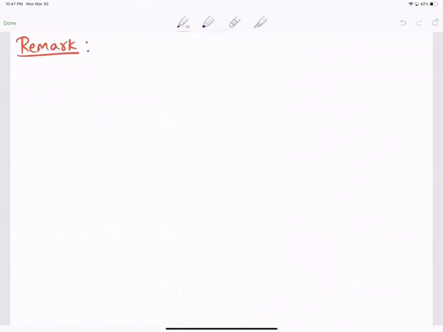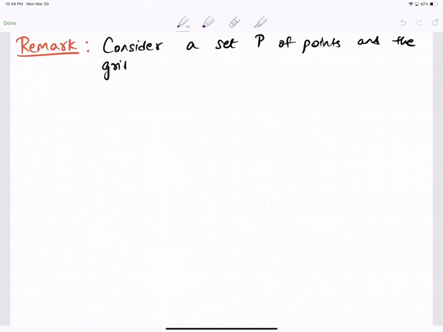Before I forget, I should state this. Again, the previous setting of the lemma: consider a set P of points and the grid G alpha.